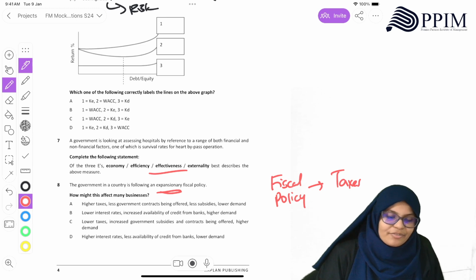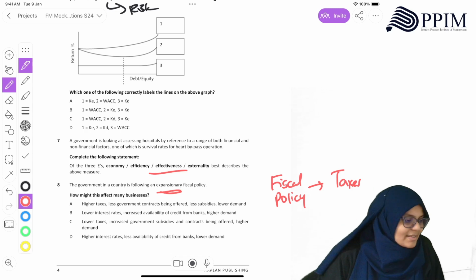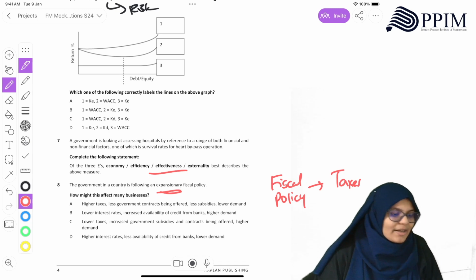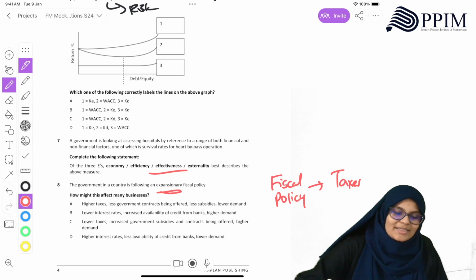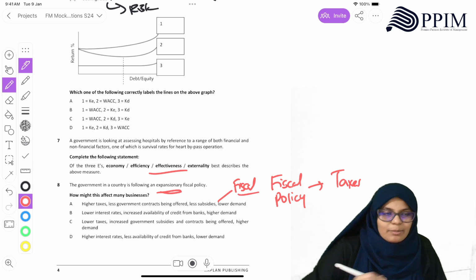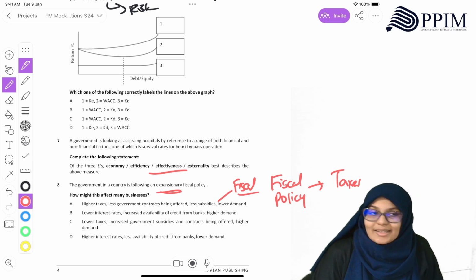How might this affect many businesses? So they talk about a fiscal policy. A is saying higher taxes, less government contracts being offered, less subsidies and lower demand. Now since they are talking about taxes, definitely this has something to do with the fiscal policy. But is it expansionary? Are we making the economy bigger?